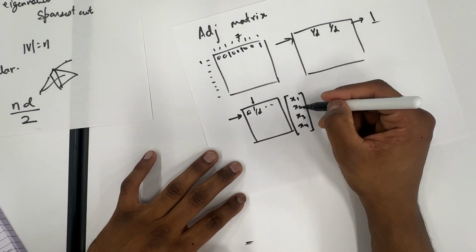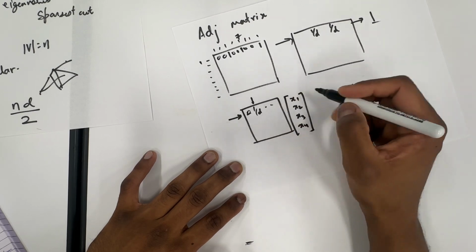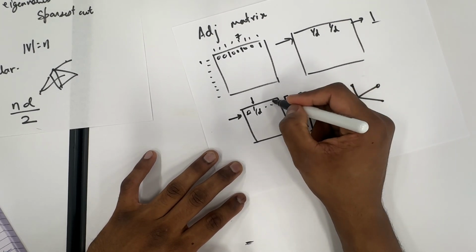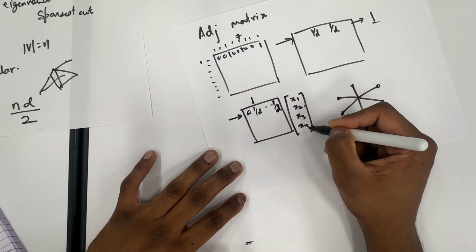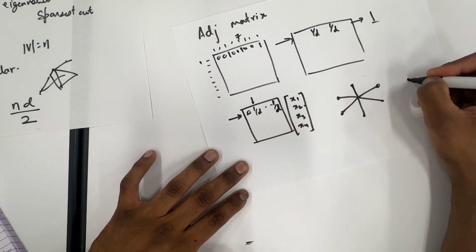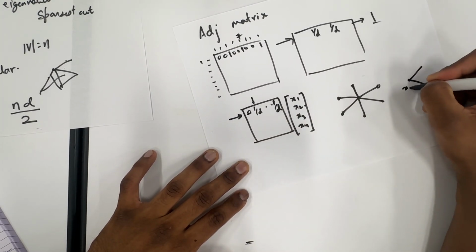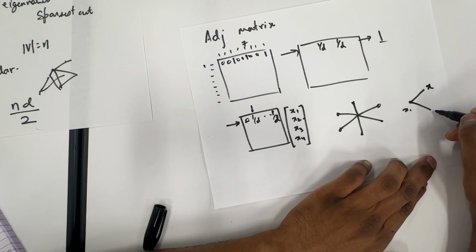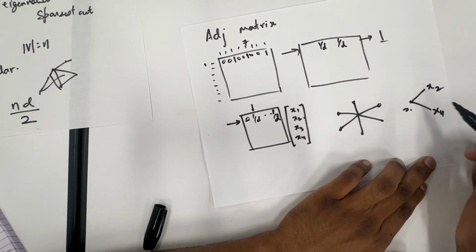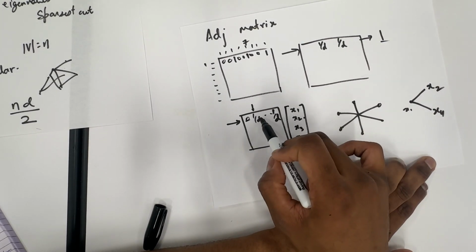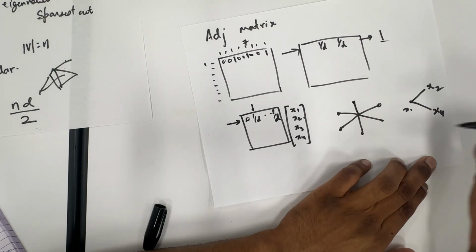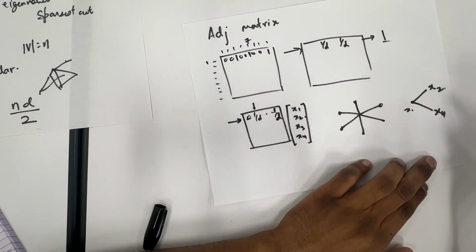So let's say this was x2. It does a 1 over d with x2 and it does a 1 over d with x4. x1 was here, x2 was here, x4 was here, right? So what this multiplication does is take 1 over d x2 and 1 over d x4.